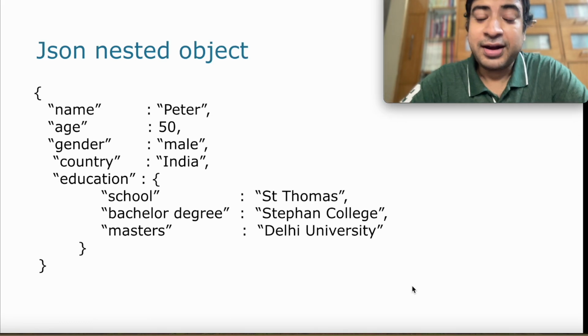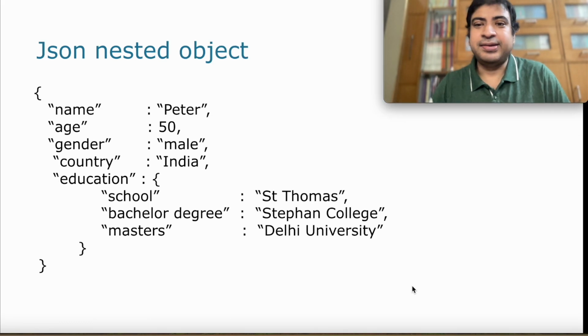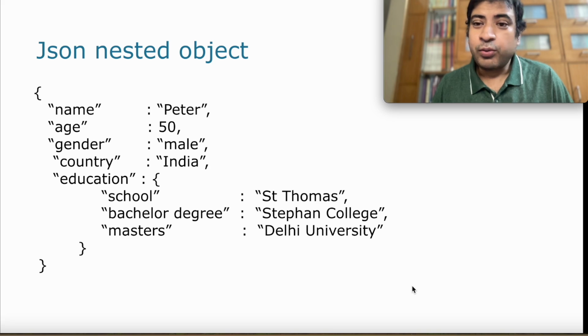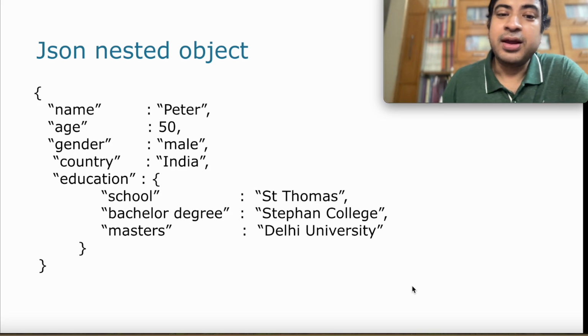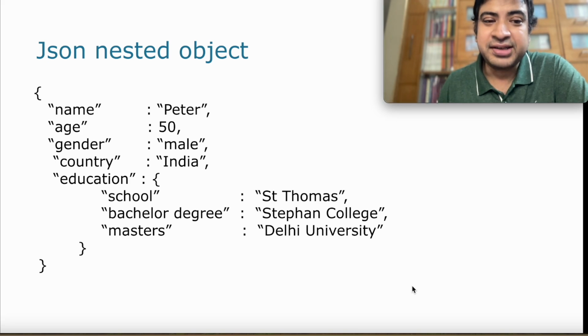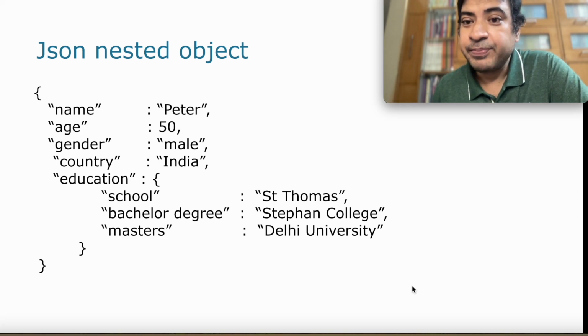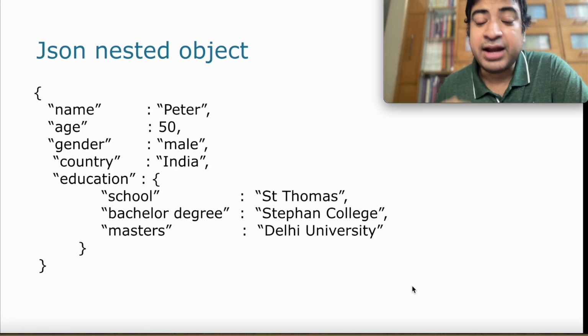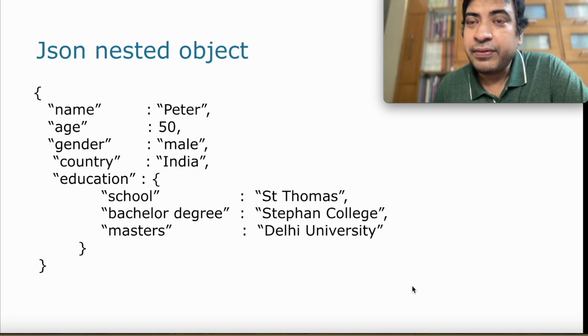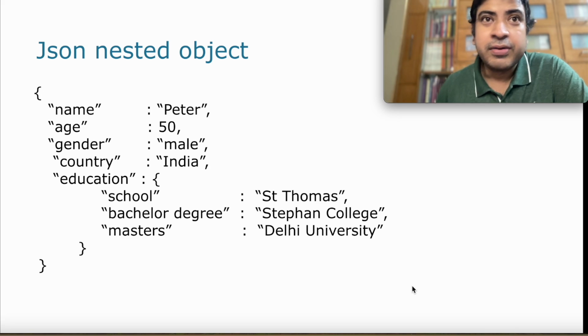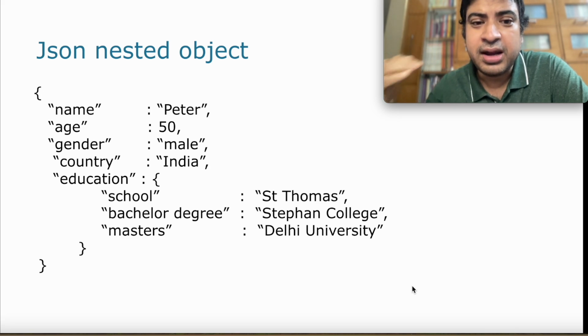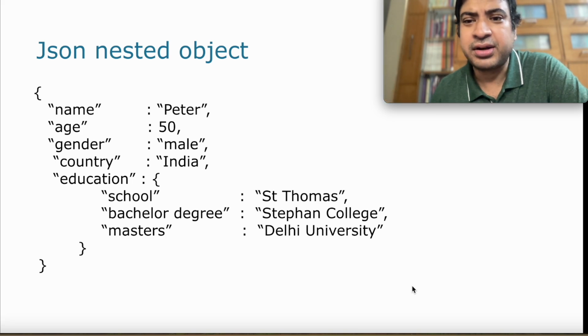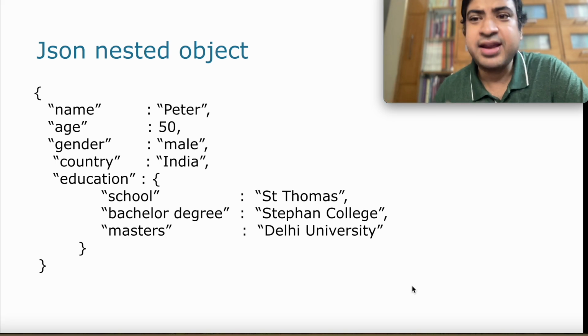So let us see a JSON with a little bit more complexity, where one value can be even a nested JSON. Say for example, if we think of that same user JSON, where we also want to share the educational aspects of the user, the educational qualifications of the user. And under educational qualifications, we might want to share his different levels of education, like his school education, his bachelor's, master's, or any other accolades.